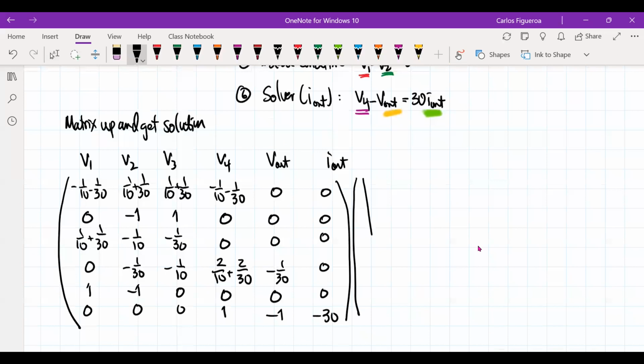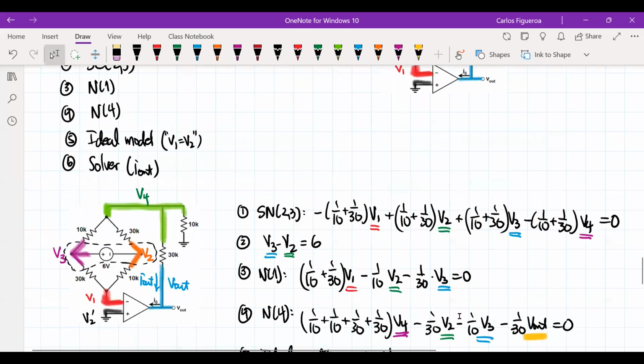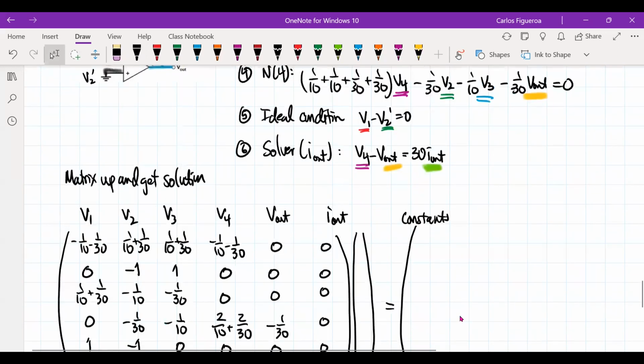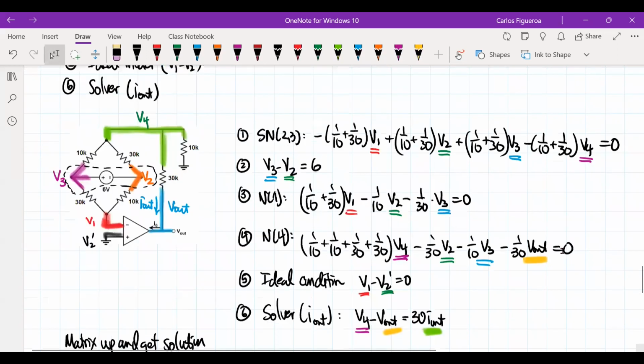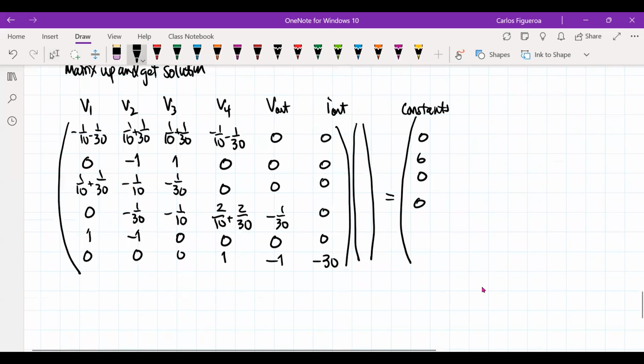So now if I go get my constants, the first constant is 0, 6, and 0. I'm going to get 0, 6, and 0. The next one is 0, 0, so they're all 0 after that. So there I get 1, 2, 3.